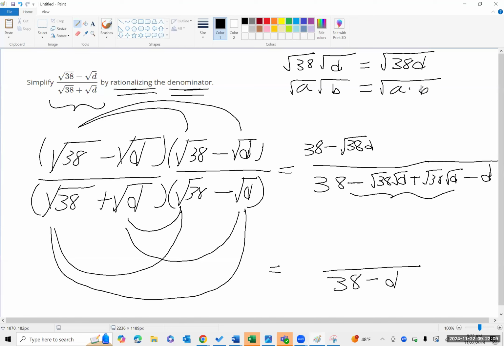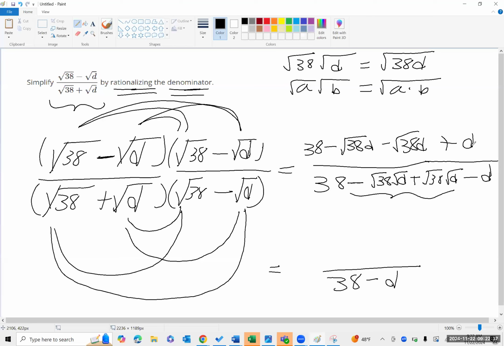So we'll do the same thing with the inner, and notice there's a minus sign there as well, so it's going to be minus root 38d. And then the last, minus times a minus, which is plus, and then root d times root d, which is d. So it does clean up a little bit.